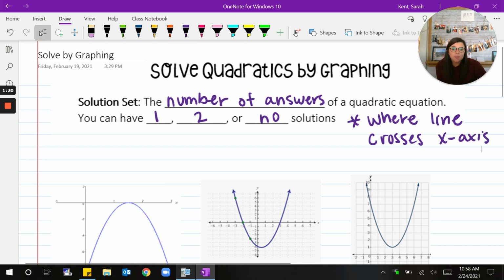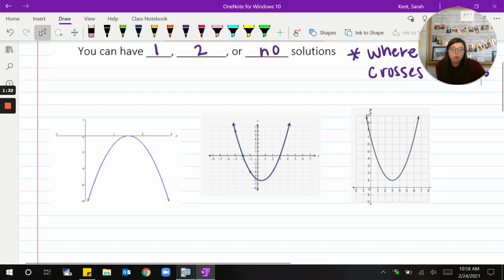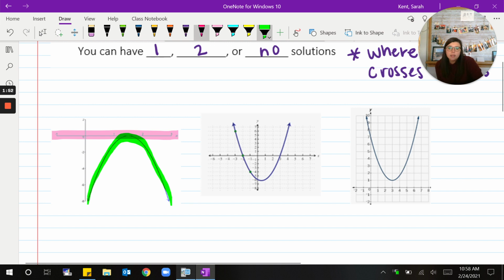So we have some examples of what a graph could look like. So on example 1, I can see here is my x-axis. Your x-axis will always be side to side. And here is my curve. And if we look, we can see that the curve touches one time.